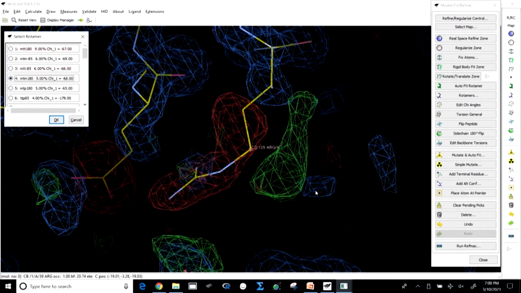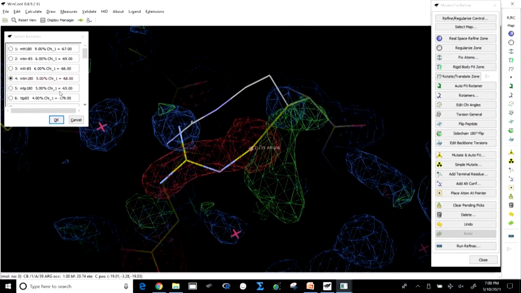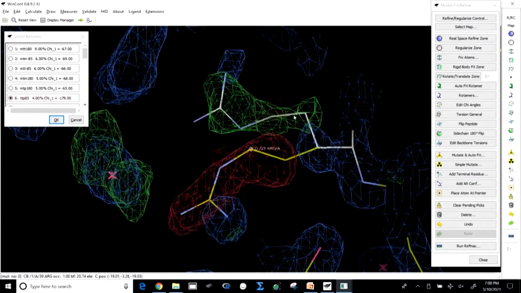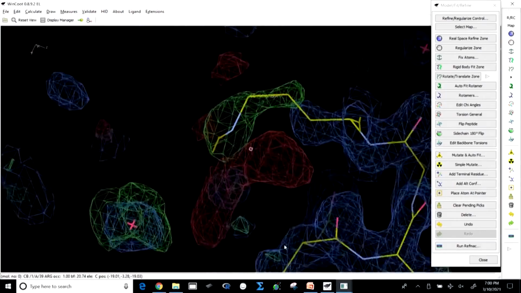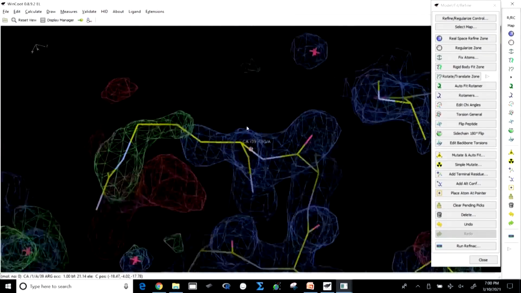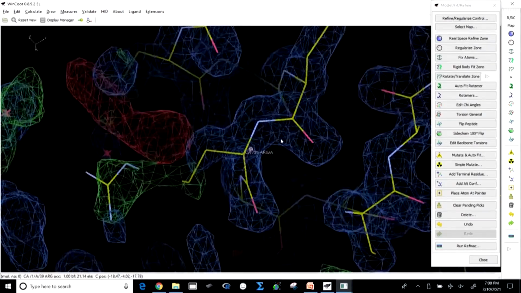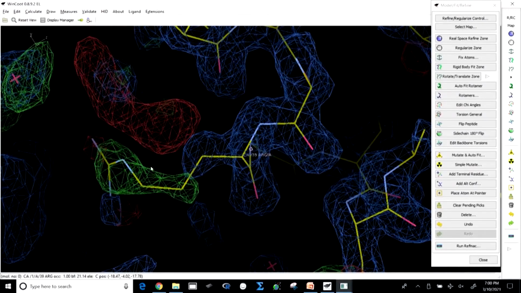See, the rotamers are created in different places, and among them something is coming here, and this is one of the most possible and correct conformations. So, the crystallographer made a mistake.